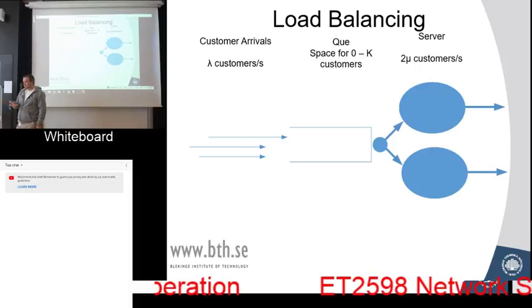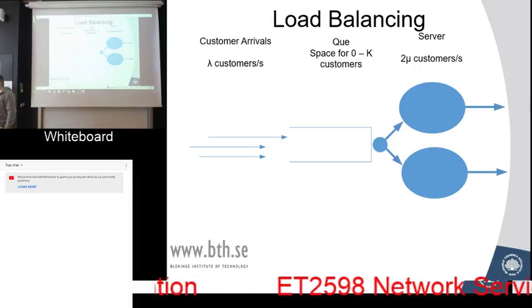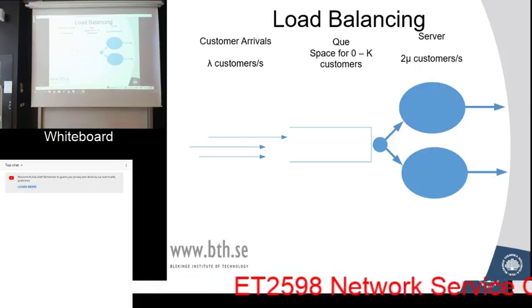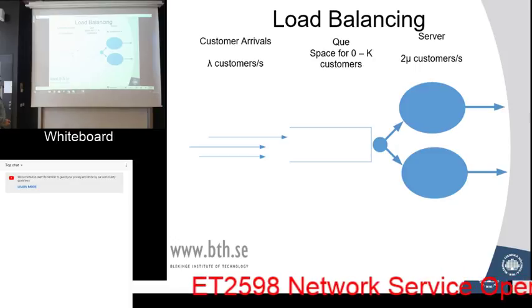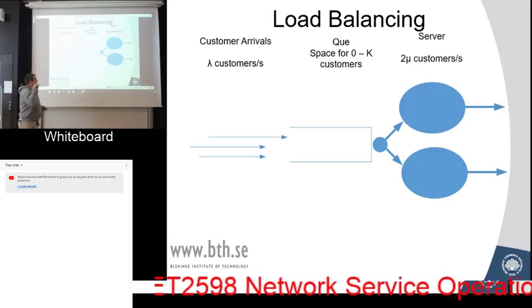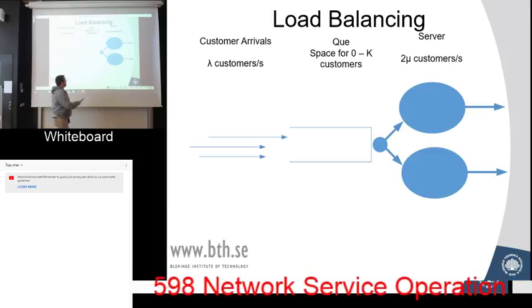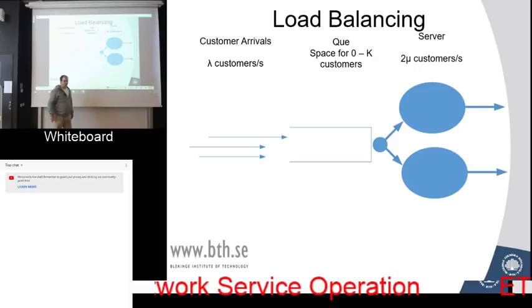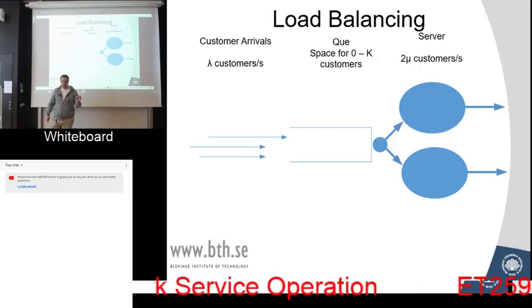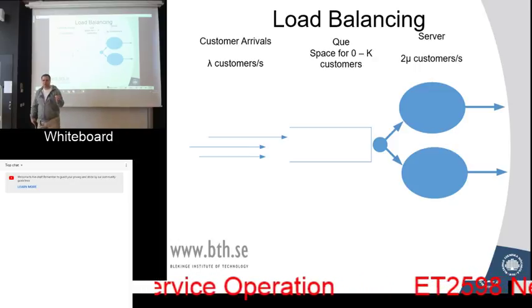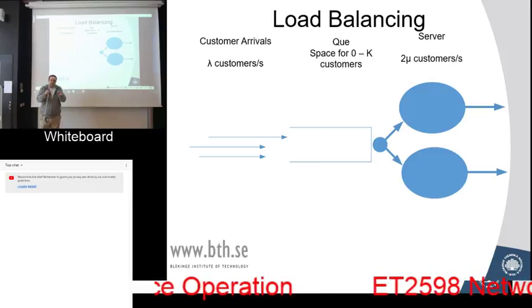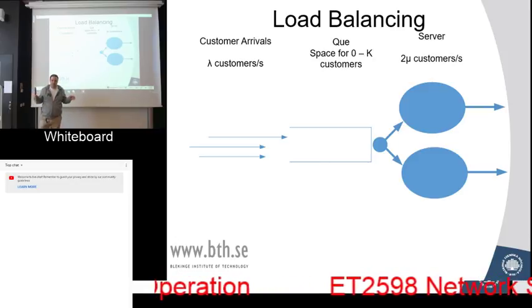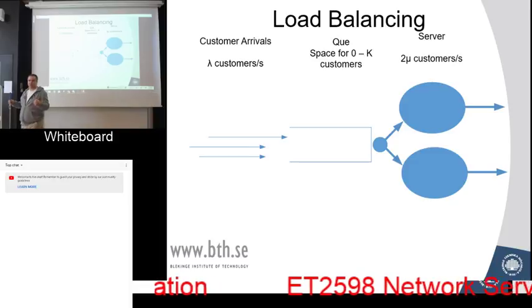However, that assignment process is rather simple. In theory, you can have these guys drawing the customers from the queue on their own. You just need to have a little bit of synchronization between them so they don't draw the same customer twice, because that will just be confusing.